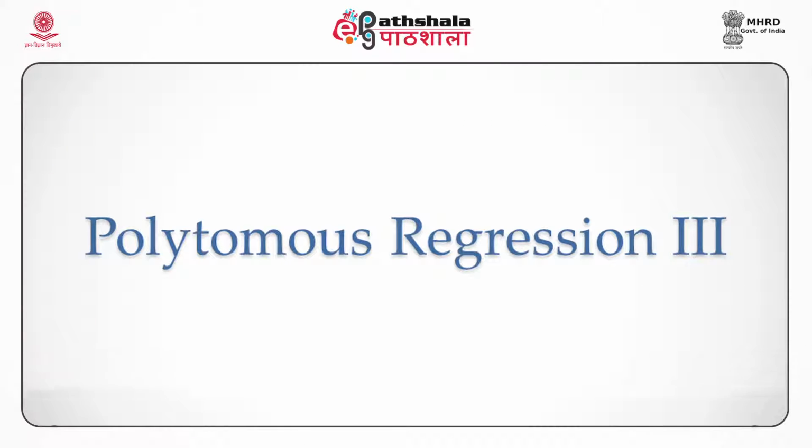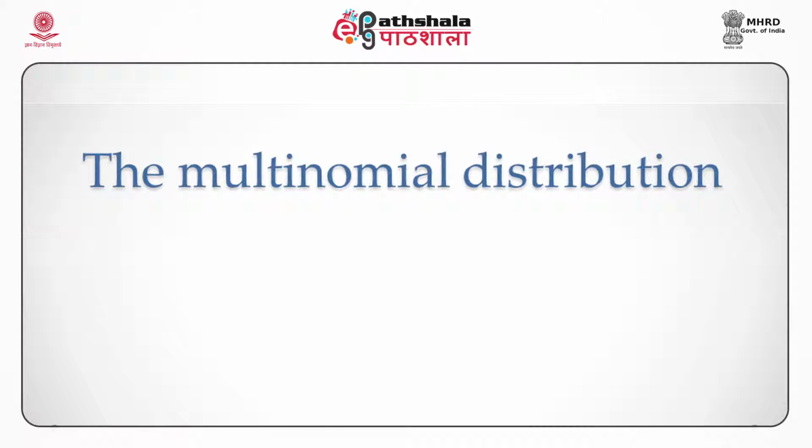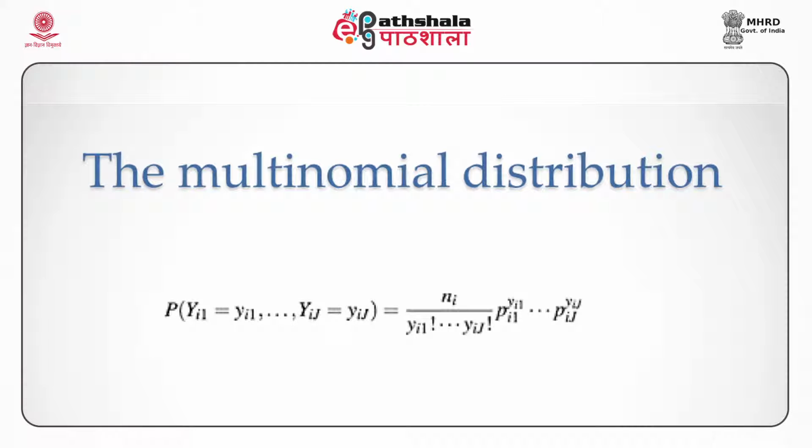Polytomous regression, a recap. Polytomous regression is used when we have an outcome whose distribution is specified by the multinomial distribution. So we have a group of, say, m individuals, and for the ith individual, probability of yi1 equal to yi1 to yiJ equal to yiJ is ni over yi1 factorial to yiJ factorial, into pi1 to the power yi1 up to piJ to the power yiJ.